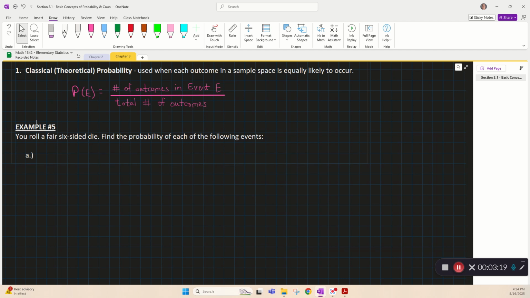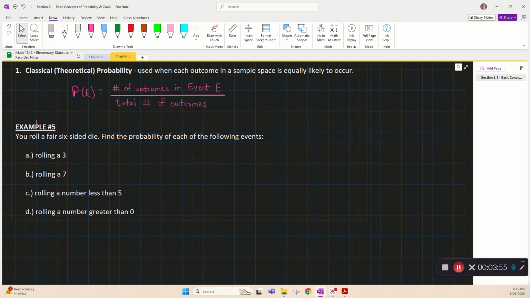A would be rolling a 3. B, rolling a 7. C, rolling a number less than 5. And D, rolling a number greater than 0.